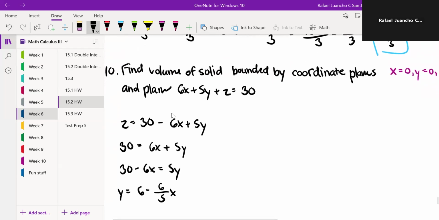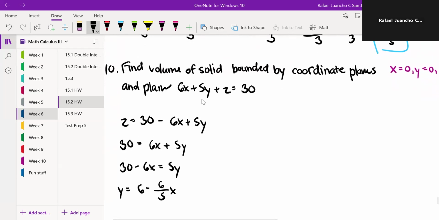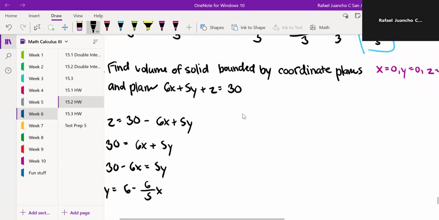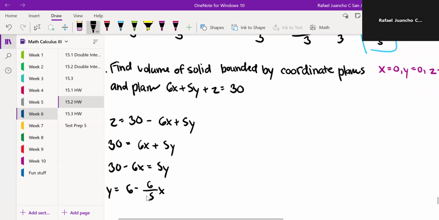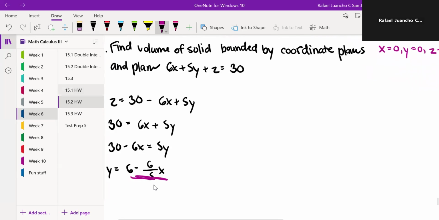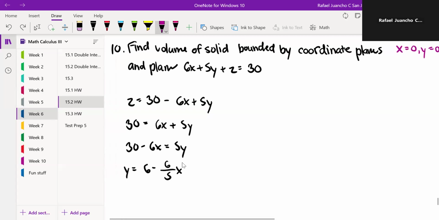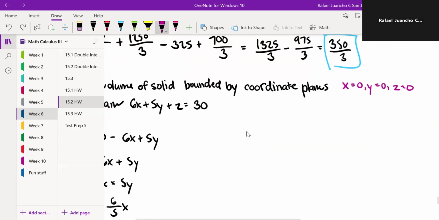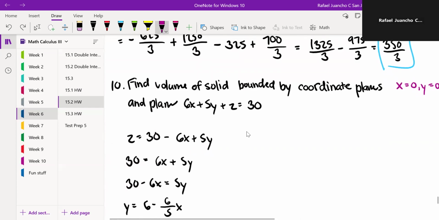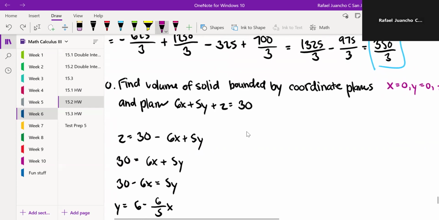And so here the idea being, I know my x goes from 0 to something. My y goes from 0 to something, or 0 to this thing, right? Now, how do I determine what my x is going to be? So if I make x 0, y is 6, right? It's just a line. So here again, we have a triangular region, I think.